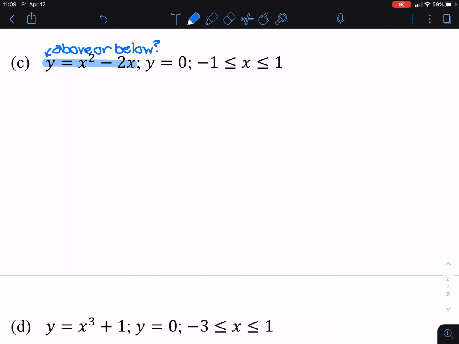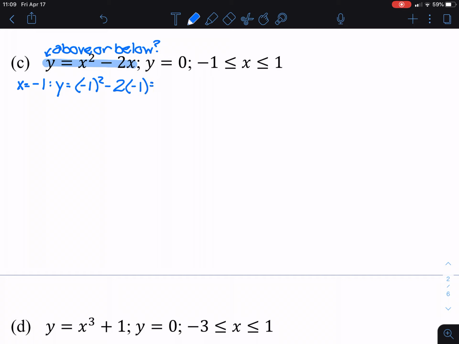So we're going to go ahead, find out what x is equal to at the endpoints of the interval, and that'll help to inform us where exactly this function is in relation to the x-axis. So when x is equal to -1, y is equal to (-1) squared minus 2 times -1.